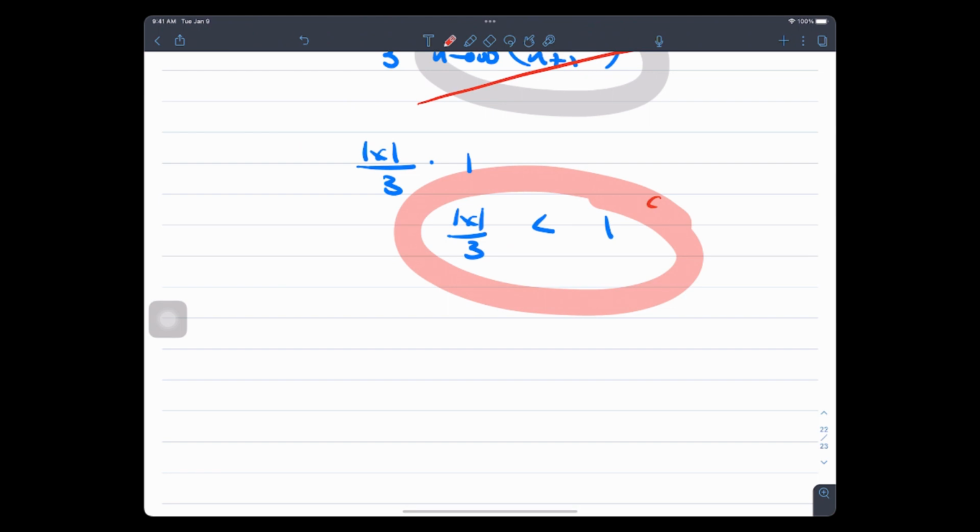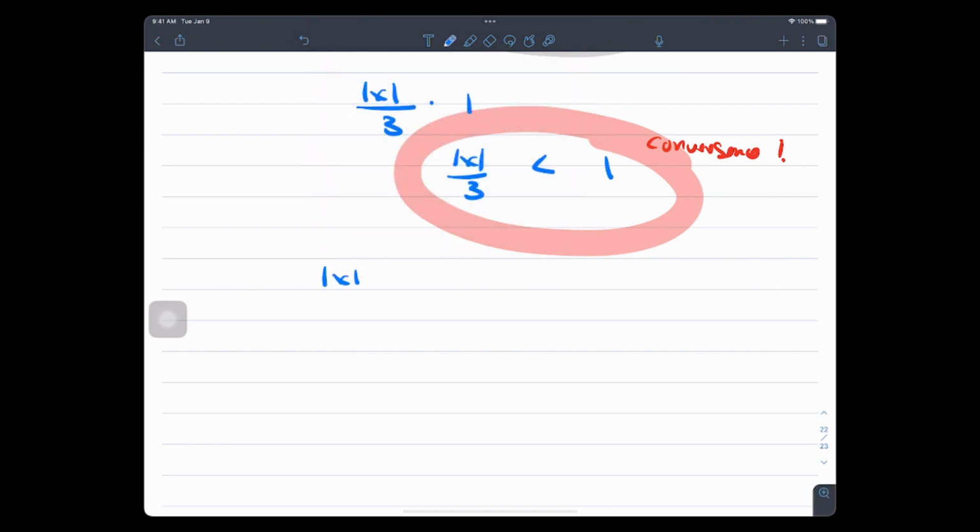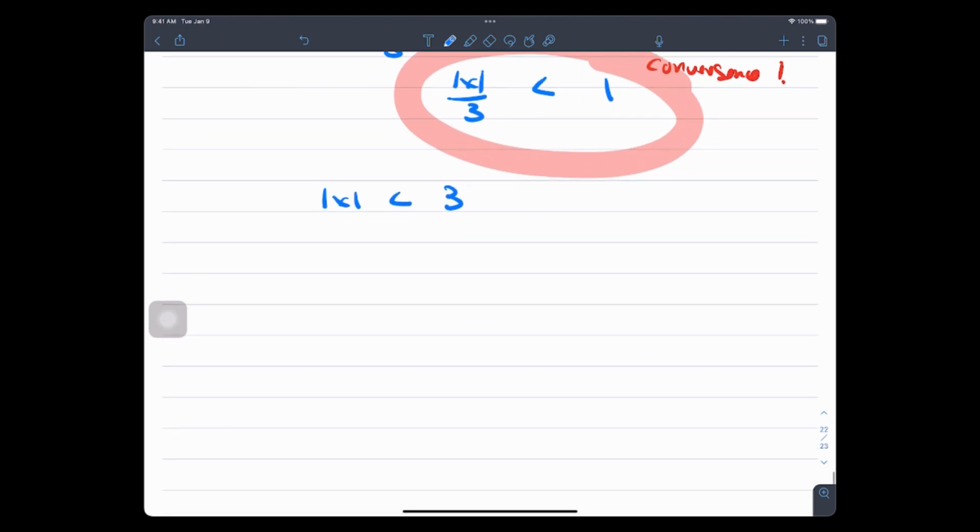Convergence, yes. So what equation is this? If I multiply both sides by 3, the absolute value of x is less than 3, which means negative 3 is less than x, which is less than 3.